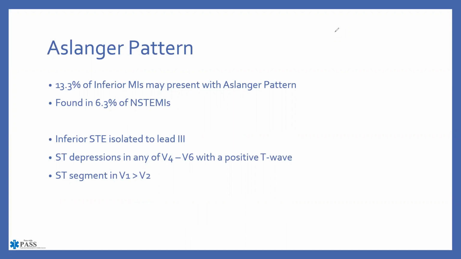We always talk about 2 anatomically contiguous or 2 numerically consecutive EKG elevations of greater than 1 millimeter, and what Osler's pattern is looking at is only lead 3. So you're going to find an inferior ST elevation in lead 3. You also have ST segment depression in any of V4, V5, and V6 with a positive T wave. And then ST segment in V1 is going to be more elevated than in V2. We're going to take a look at that as well.